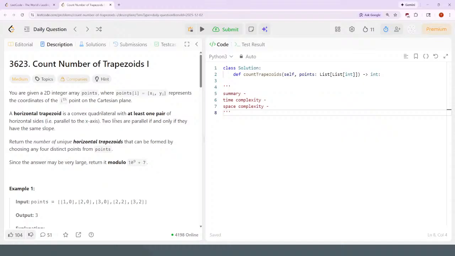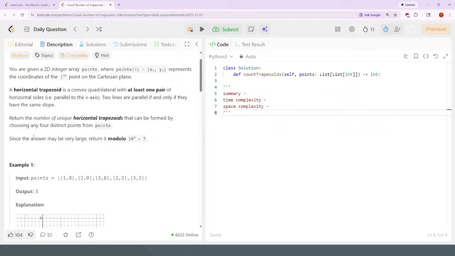Two lines are parallel if and only if they have the same slope. Return the number of unique horizontal trapezoids that can be formed by choosing any 4 distinct points from points. Since the answer may be very large, return it modulo 10 to the 9 plus 7.